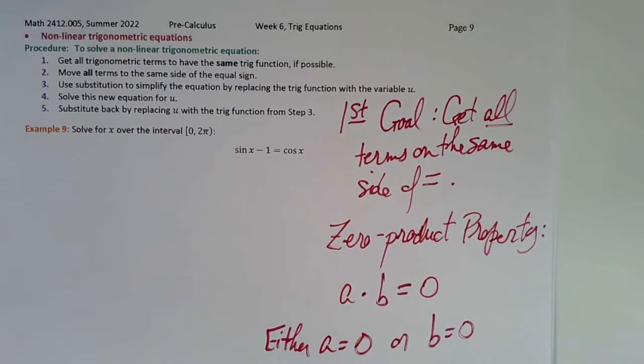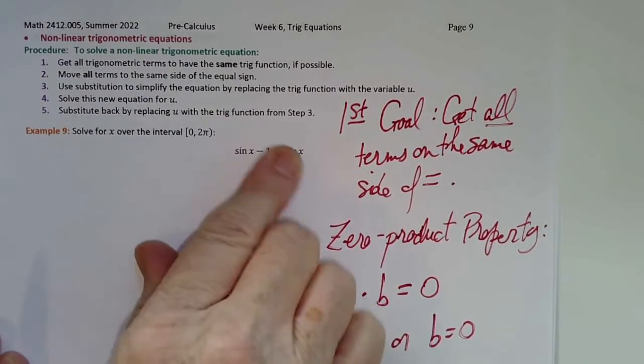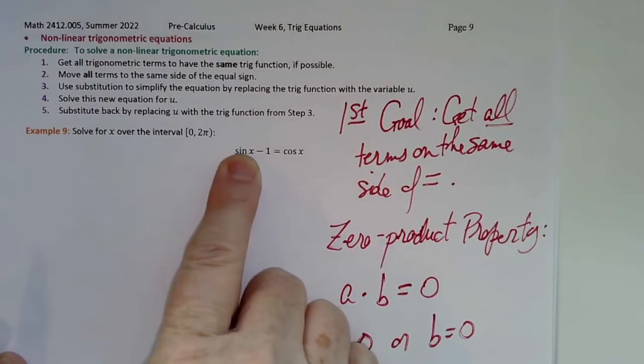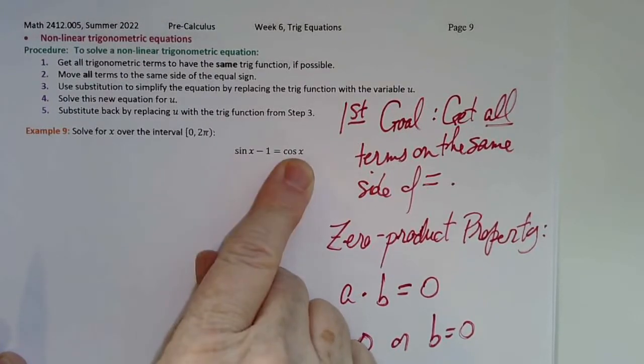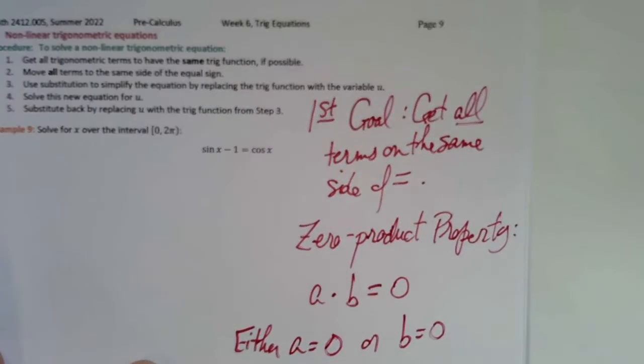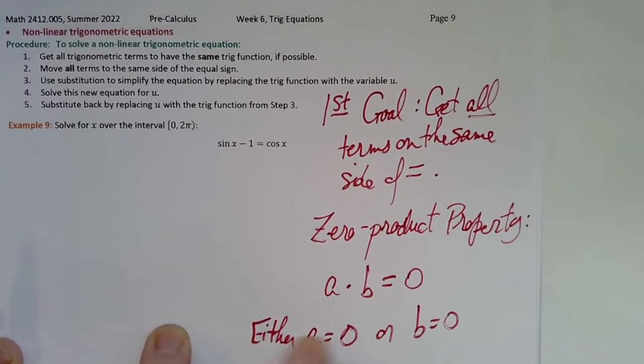Okay. But I've got a cosine and a sine. I don't know how to make them look like each other. So there's a trick.